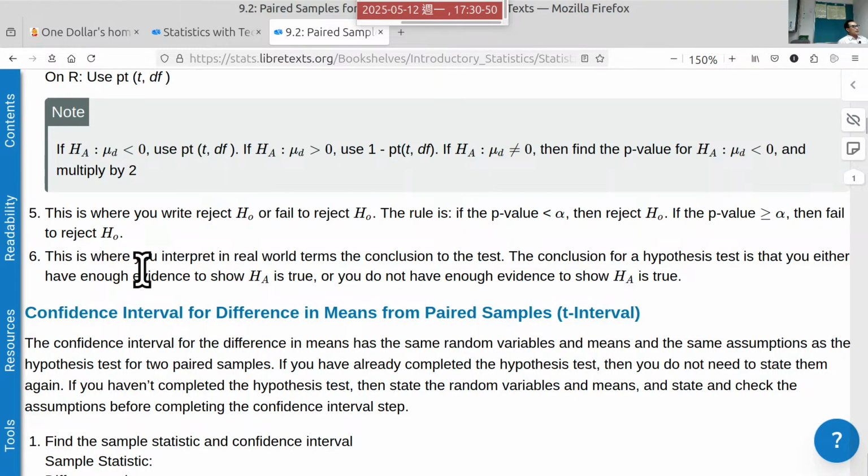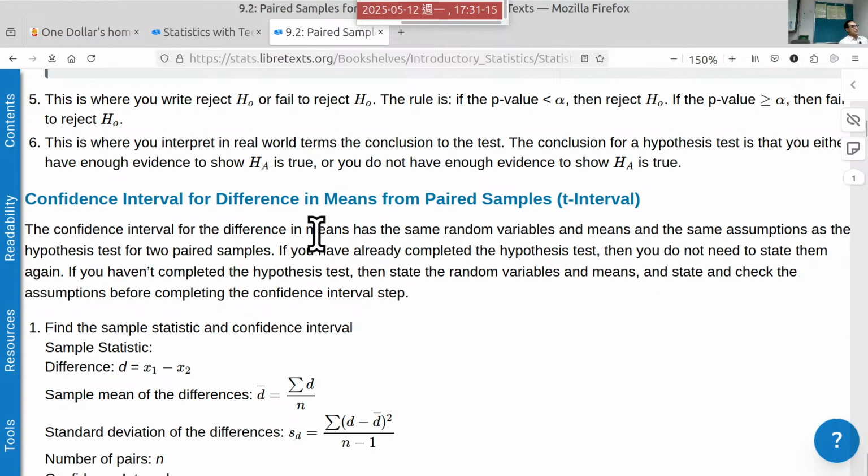This is where you interpret in real-world terms the conclusion to the test. The conclusion for a hypothesis test is that you either have enough evidence to show the alternative hypothesis is true, or you don't have enough evidence to show the alternative hypothesis is true.